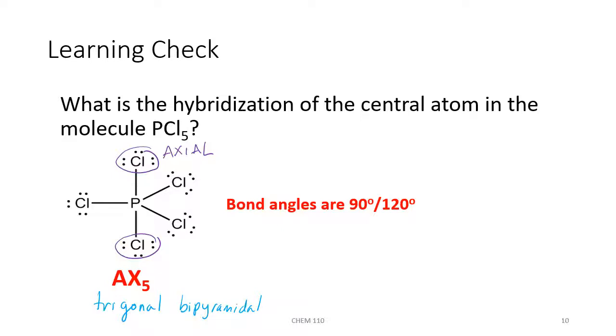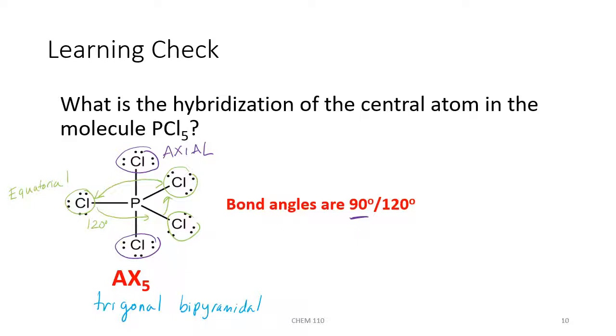If we're measuring any equatorial to axial position, they are 90 degrees apart. In the plane, we have 3 equatorial positions. And alone, these are essentially the same as our trigonal planar molecule. They orient themselves 120 degrees apart from one another.